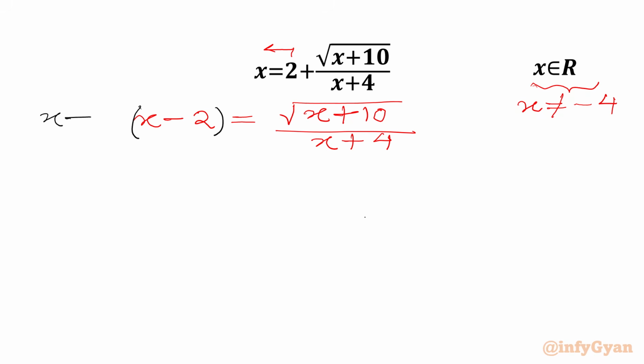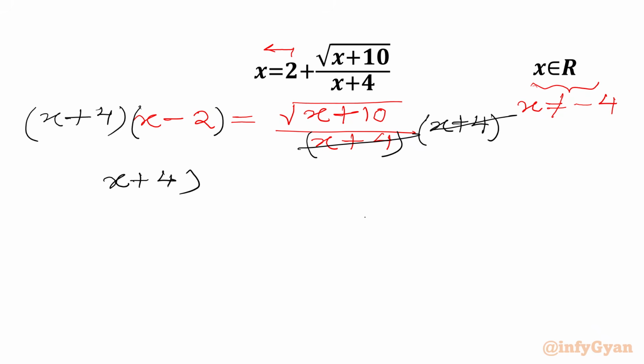So we will write here times x plus 4, and in RHS we will multiply with x plus 4. Now we can cancel x plus 4 from right hand side's denominator. We will get x plus 4 times x minus 2 equal to square root of x plus 10.